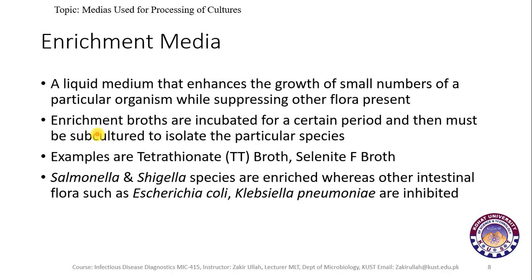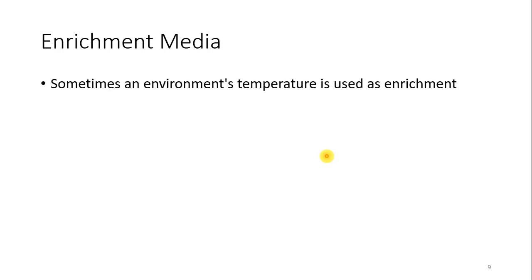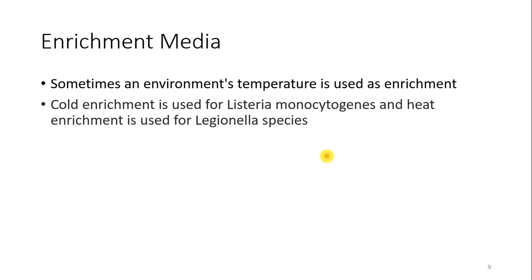Salmonella and Shigella species are enriched in selenite F broth or tetrathionate broth, whereas the other intestinal flora, especially E. coli and Klebsiella, are inhibited by selenite F broth. Sometimes the environment also acts as an enrichment medium, modified to support certain types of microbes and inhibit others.